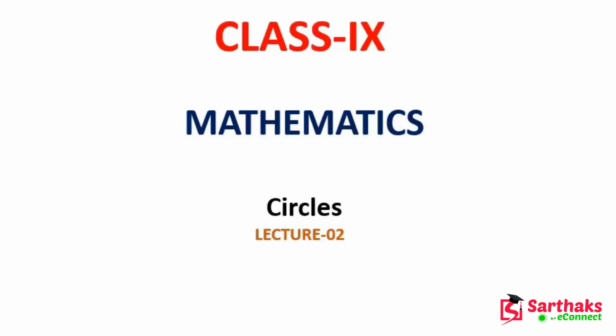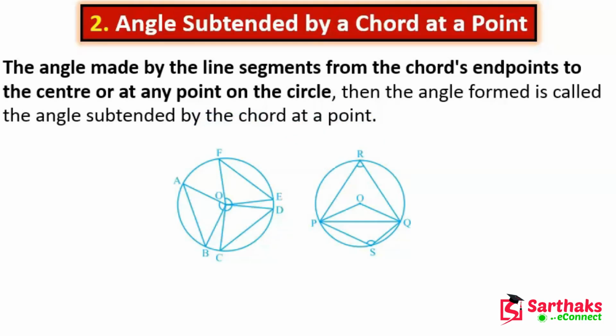This lecture is going to be very amazing because we are going to see a lot of theorems. Today we are going to discuss angles subtended by a chord at a point.